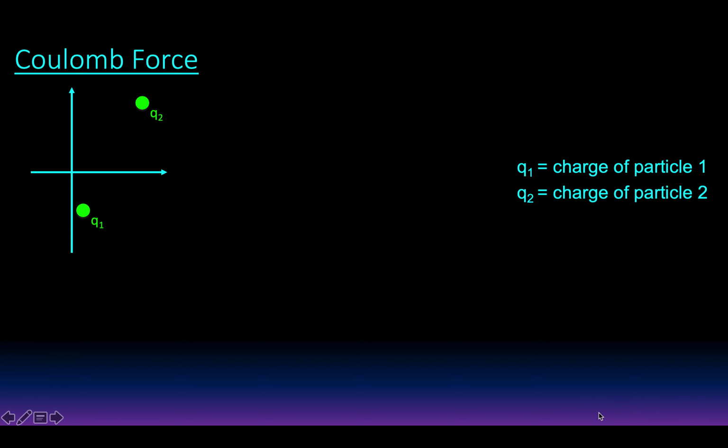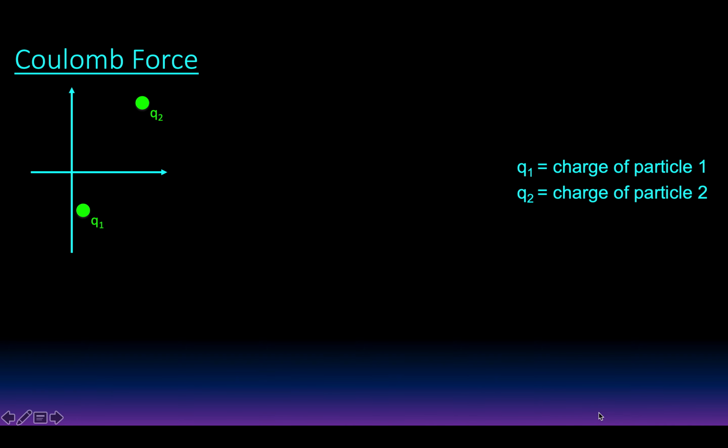One way that charged objects can interact with each other is via the Coulomb force. Let's suppose we have two particles that we will label particle 1 and particle 2, and we're going to place these two particles on a coordinate system. We will say that Q1 is the charge of particle number 1 and Q2 is the charge of particle number 2.